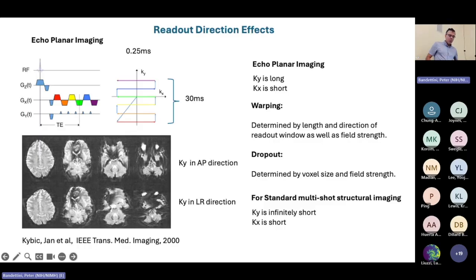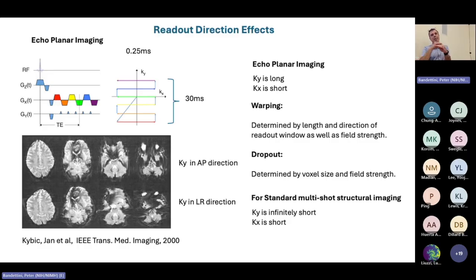The reason why people always like to compare to structural images, instead of echoplanar images, is they say, oh, we compared it to the structural image, and that somehow looks perfect. Why does that look perfect? Because if it's multi-shot, if you collect one line of K-space at a time, then the time it takes to traverse from bottom to top of K-space is essentially infinitely short, because there is no time allowed to accrue between one line and the next.